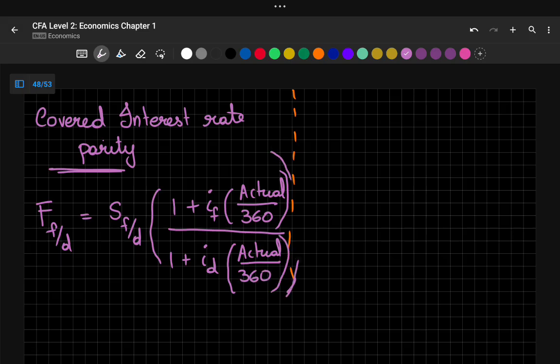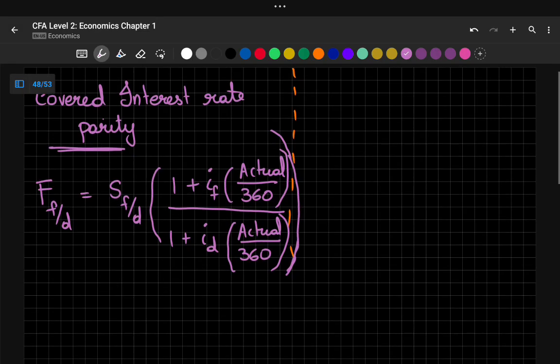This is the equation for forward rate as per covered interest rate parity.